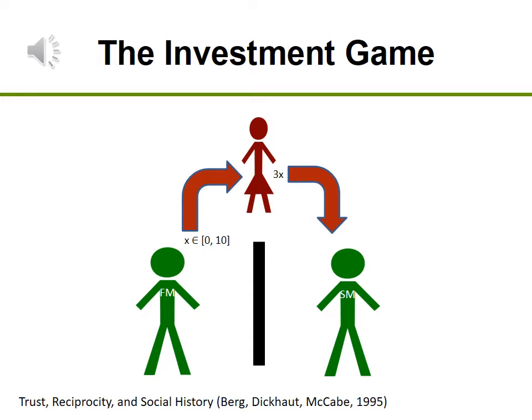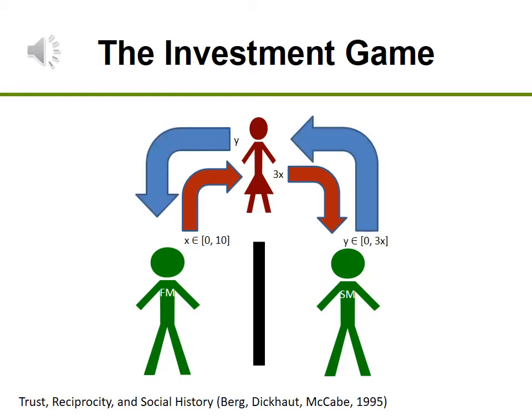If you pass 2, the second mover gets 6, and so on. And then the second mover is given the option to pass back any amount Y between 0 and that 3X, whatever it is they received from the first mover. And then the game's over.